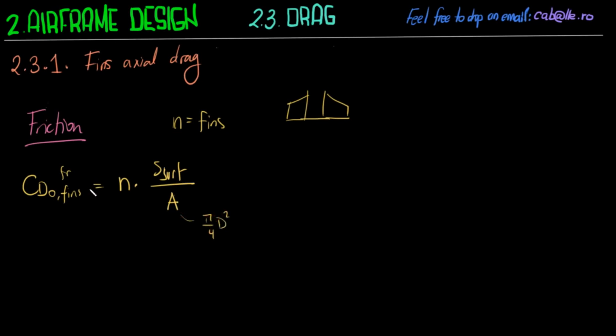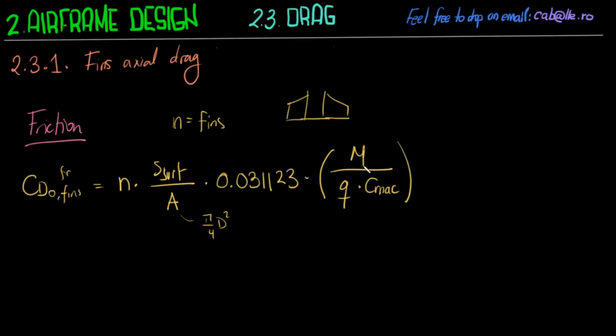Then we have a constant which comes from putting the variables to proper units. Then I believe it's 2.3. Let me check. Okay, that's right. And then we have this term here, which is a dimensional term: dynamic pressure and the mean aerodynamic chord, Mach number, power 0.2.